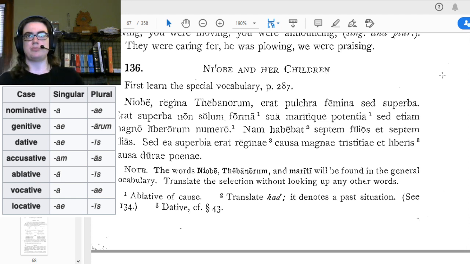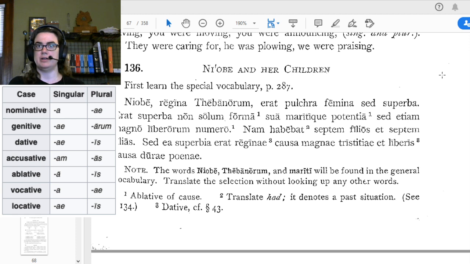She erat pulchra. She was arrogant, superba, proud, not only, non solum, because of her own beauty, forma sua, ablative of cause, and because of the power of her husband, potentia mariti, but also because of the great number, magno numero, of her children, liberorum.